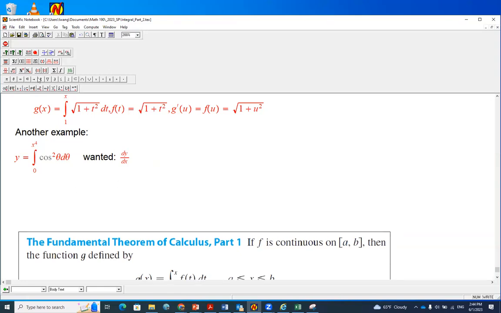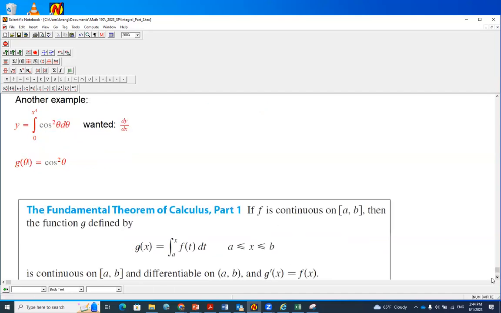So I'm going to compose my g of x, as is said in the theorem. g of x is going to be cosine square theta, so I'd better use g of theta.